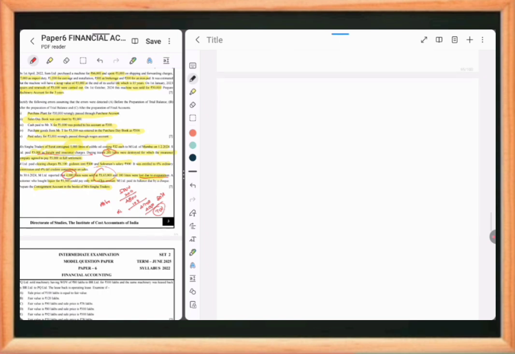Cost of goods sent: how many liters were sent, and what is the value? Actually 5,000 into 32 rupees. So 5,000 liters sent at the rate of 32 rupees, that is 1,60,000.